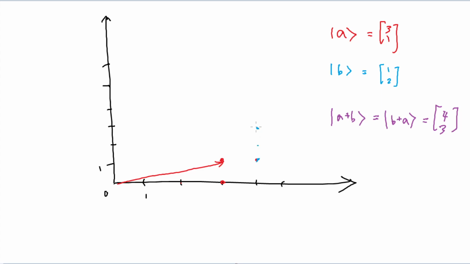And so their sum is drawn from the tail end to the head of your given vector, and this is what it looks like visually. Of course, you can also go in the other direction, where you start with B, so 1 over and 2 up, plus A, which is 3 over and 1 up, and which once again results in the same vector of the same magnitude.